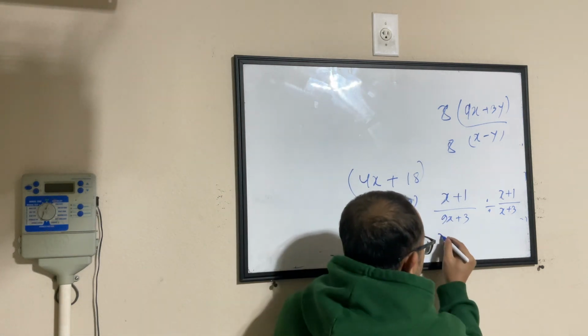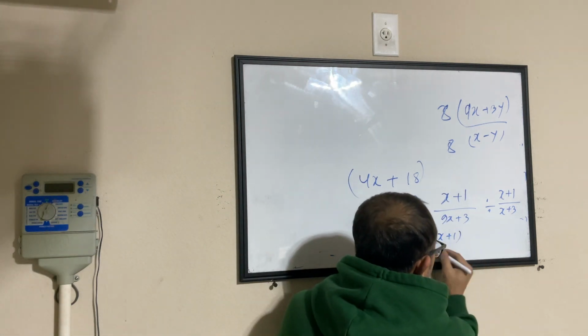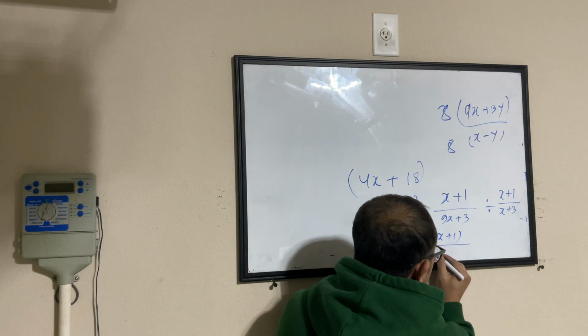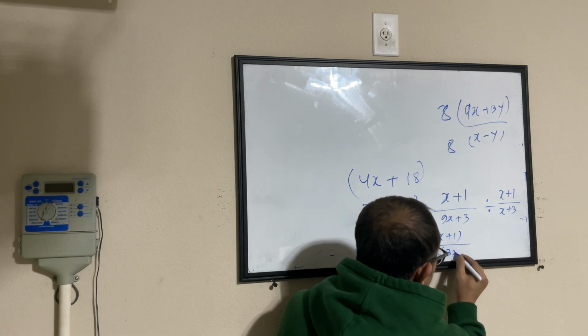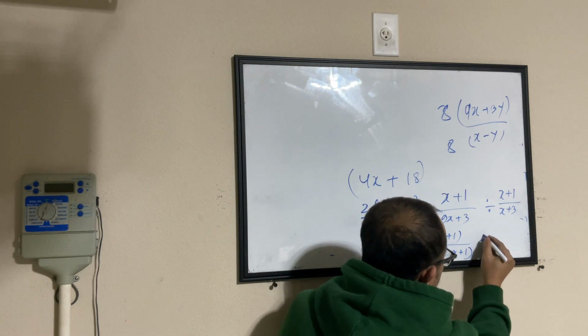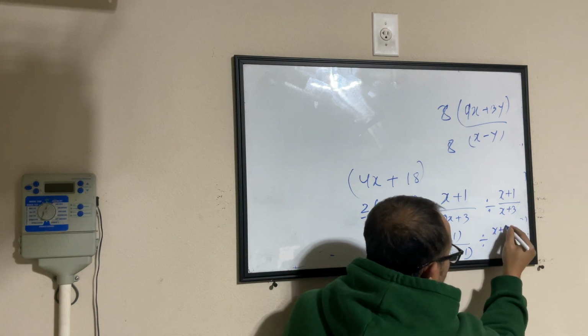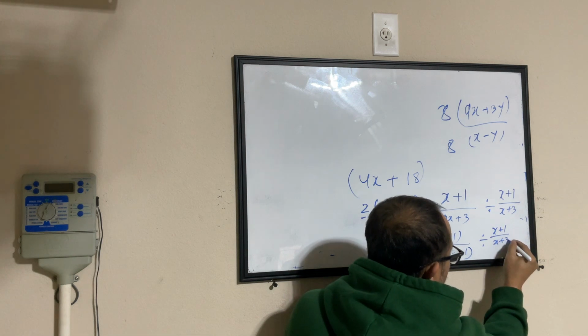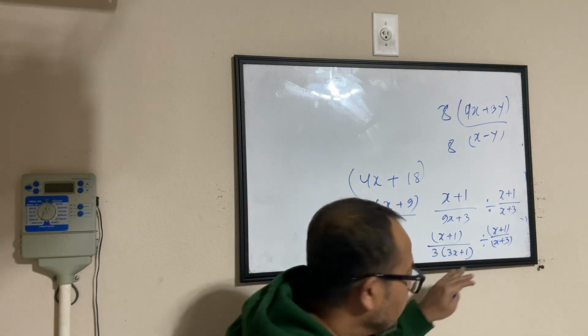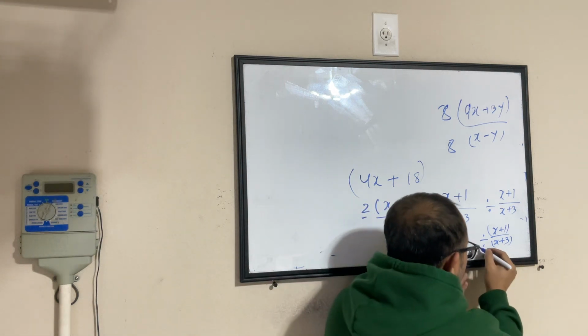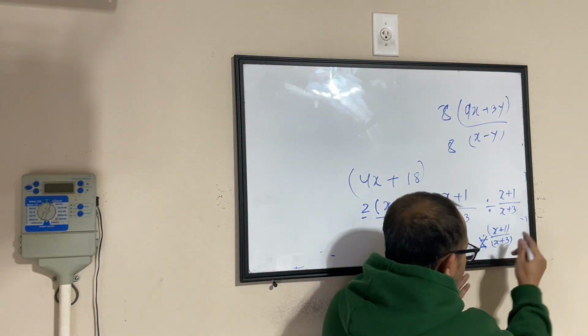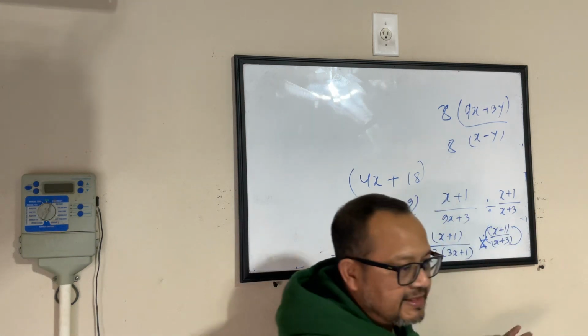Nothing happens here. Keep everything in brackets so that the chances of making a mistake are less. And then divide. And then you know that when you have a division, you can change to multiplication and then flip. And then you do the rest of the things.